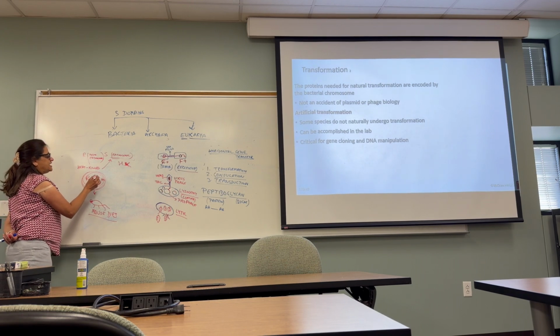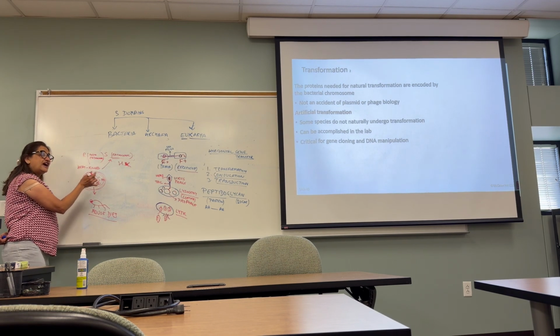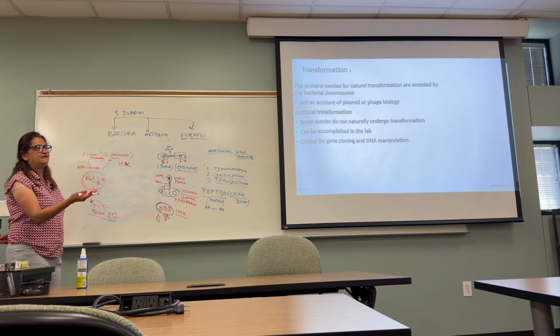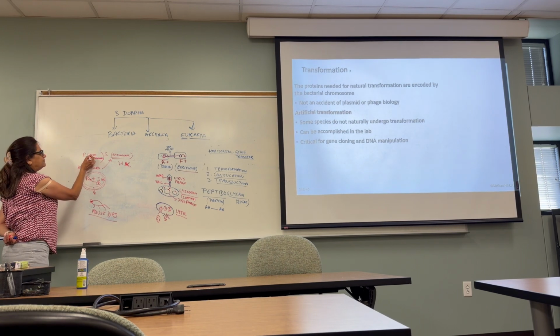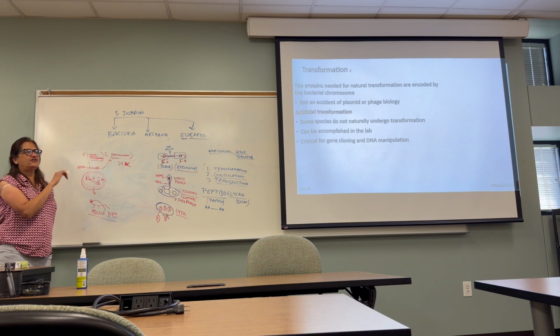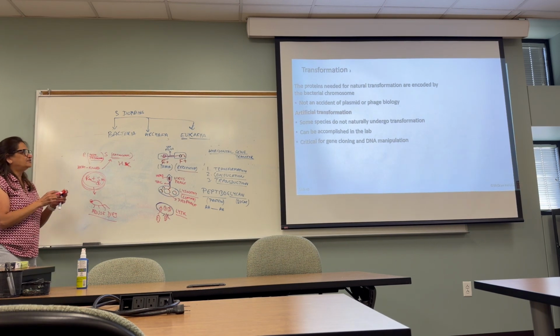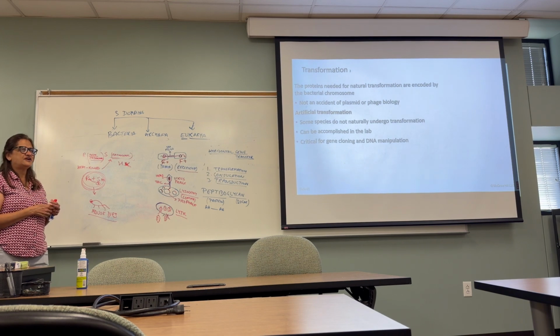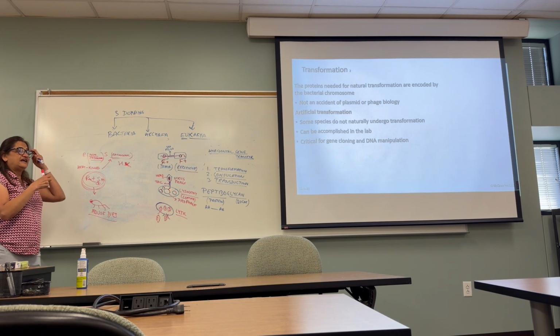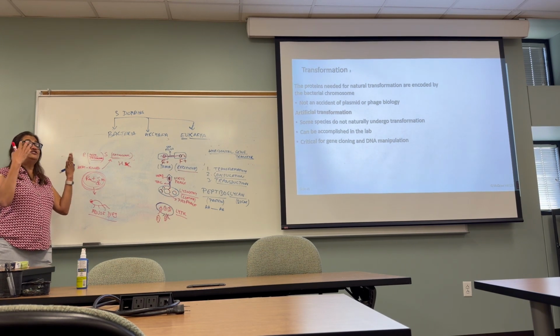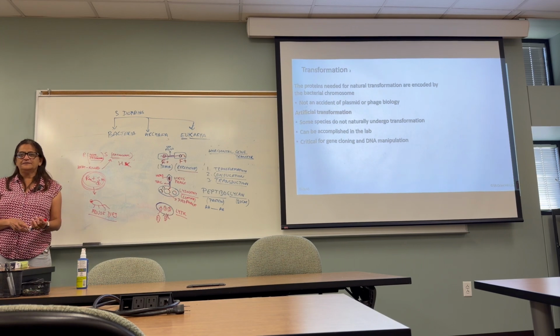The R type was able to acquire the DNA of the S type and itself became pathogenic. Remember, it began as non-pathogenic, but now it became pathogenic. This is what we mean by transformation. The other type got transformed into the pathogenic type. Make sense?